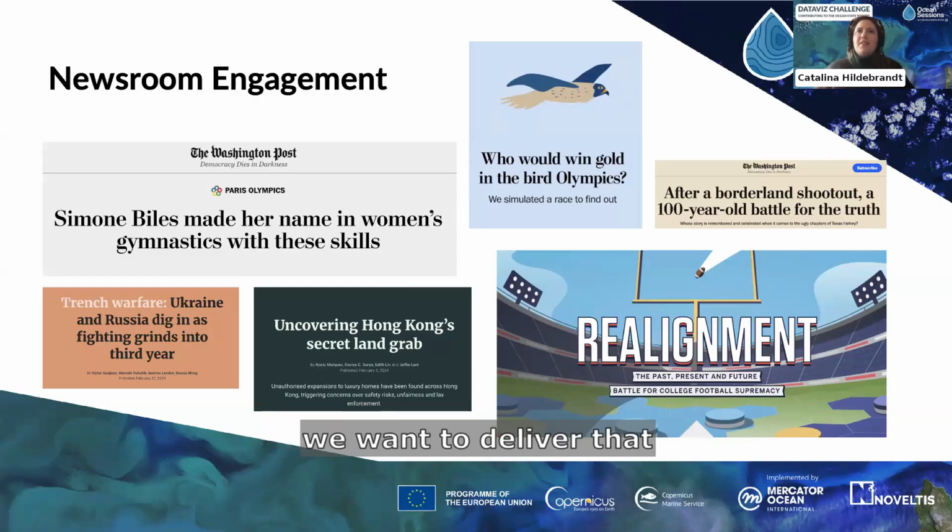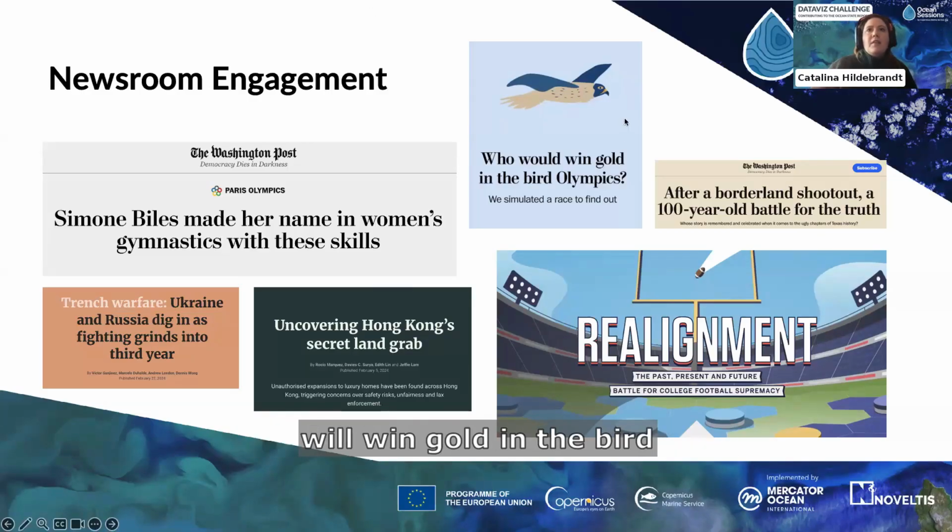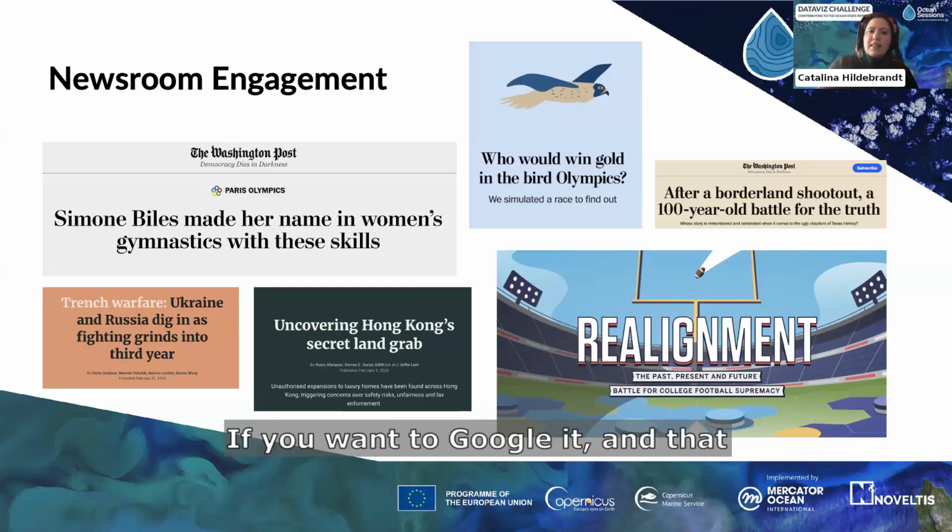I think of this one: who will win gold in the bird Olympics? We simulated a race to find out. That is from the New York Times, if you want to Google it. That one is very nice because you can see the illustrations they made with scientific data, and they also created this piece in the context of the Olympics.